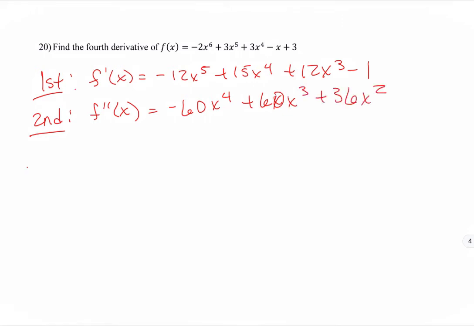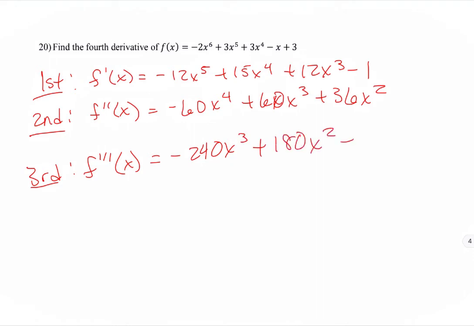Oh, that was easy. Third, let's hope it's so easy. f'''(x) is minus 240x cubed plus 180x squared plus 72x. Oh, good, we're still doing good.